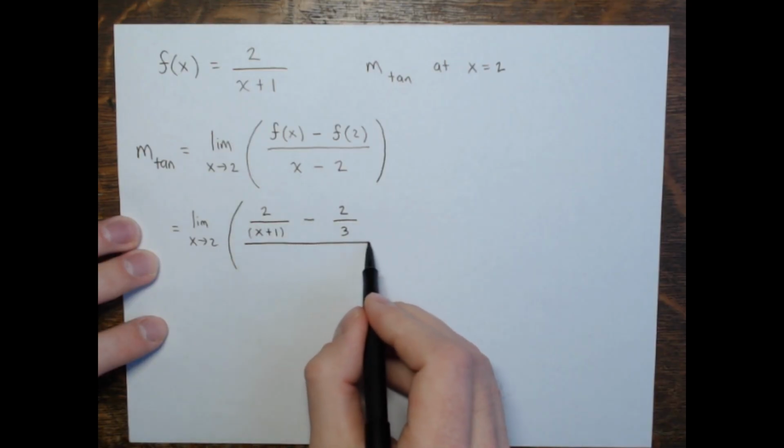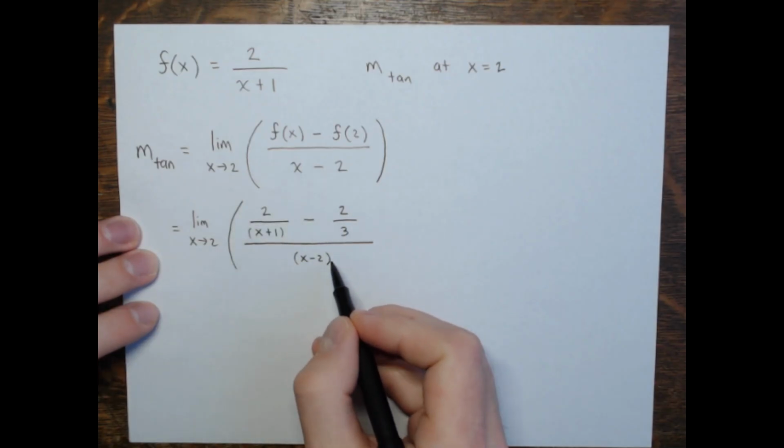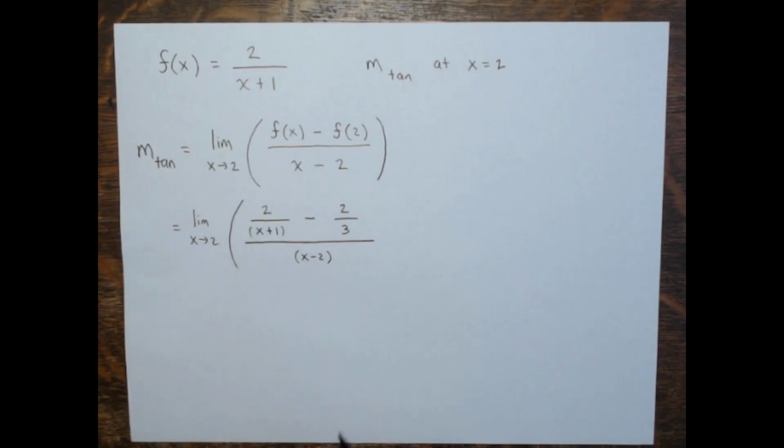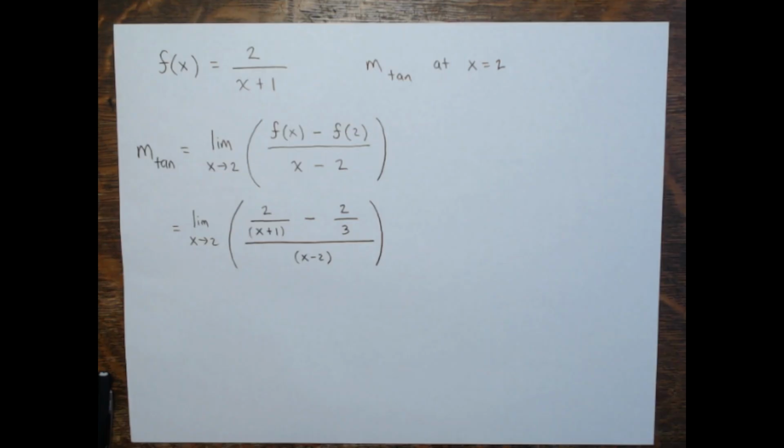And then divided by this x minus 2 down here. You could write this as x minus 2 over 1 if you wished, but it's all right leaving it this way. So like the last problem with the rationals, when you set this limit up of the secant line slopes, you end up with a complex fraction.